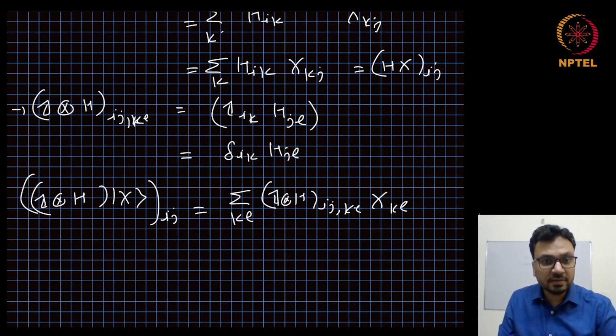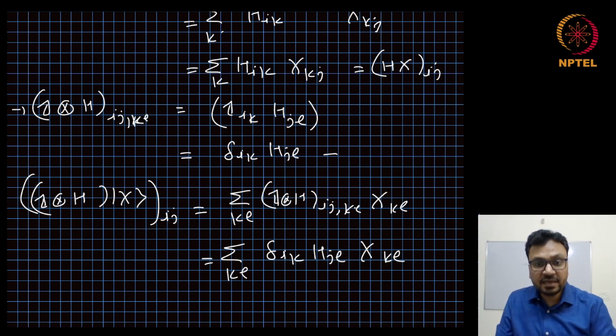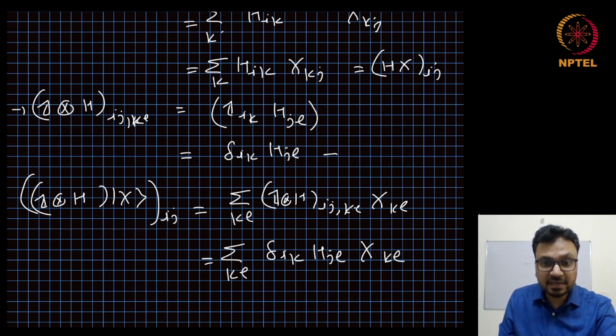The same thing we are doing what we did in the previous example. Here again we substitute for identity tensor H_ijkl with this expression and we get sum over kl delta_ik H_jl X_kl. Now we can sum over k and replace all the k's with i's.